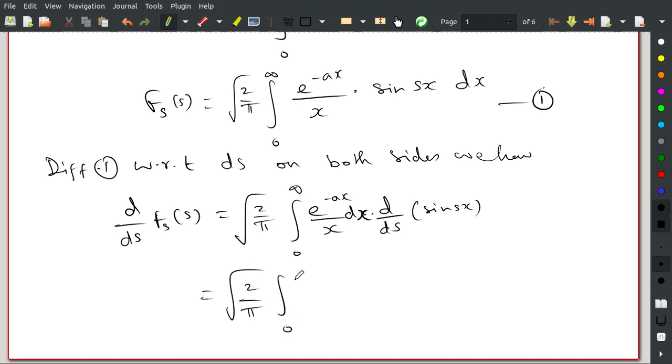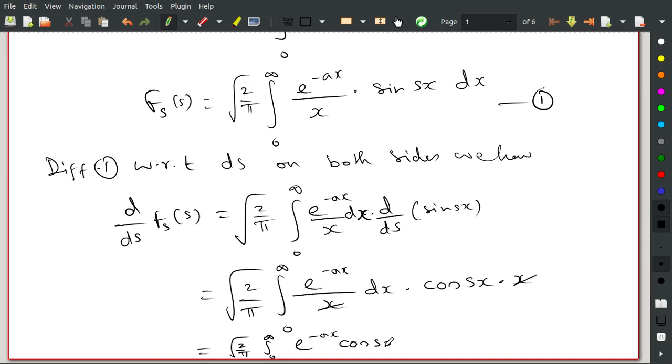So we have integral 0 to infinity, and this term is e power minus ax by x dx into cos sx into x, since we are differentiating with respect to s. This x and this x get cancelled, so we end up with root 2 by pi integral 0 to infinity e power minus ax cos sx dx.